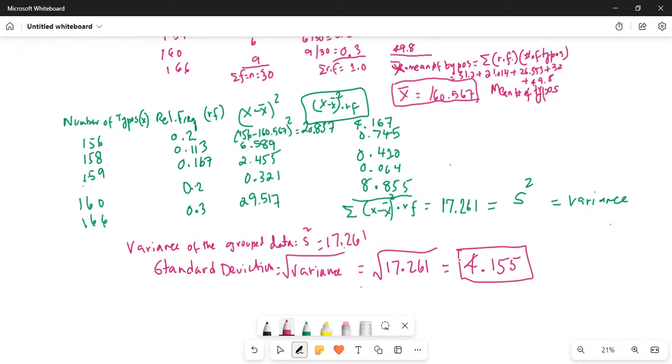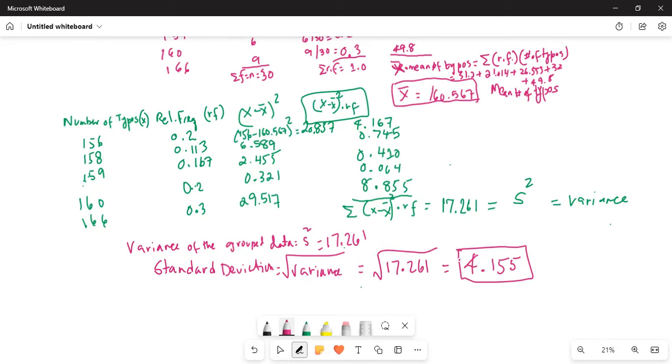There is another easy way to do it too, using your calculator. In that case, we work with two columns in the calculator: enter the number of typos in L1 and the relative frequency in L2, and then go from there. So let's see if that works out. Stat, 1. So 156 is the first number of typos, then 159, then 160, and then 166.